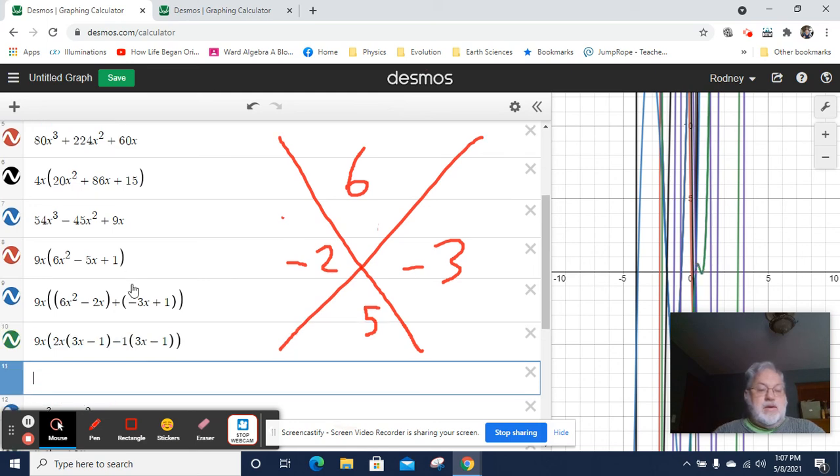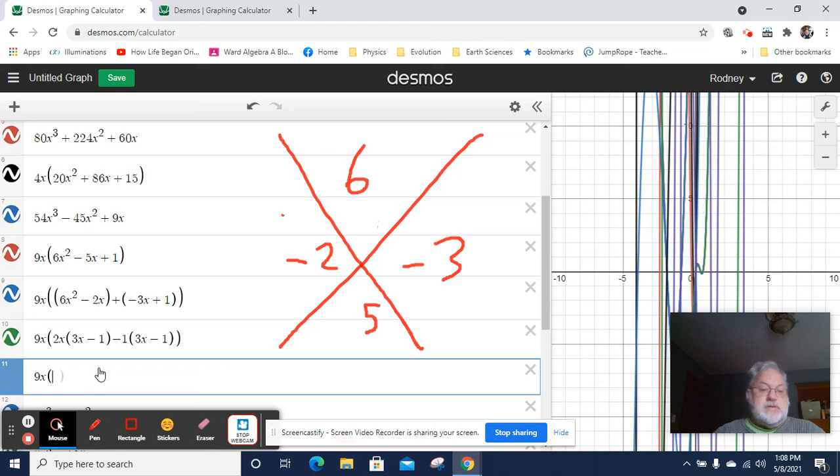Okay, and now I've got a 3x minus 1 and a 3x minus 1, so I'll say 9x, and then that's going to be times, and this is for factoring this stuff inside these parentheses, I get a 3x minus 1 shared by the 2x and the minus 1. So I'm going to say 3x minus 1, and then that's going to be times 2x minus 1. And I am done factoring that.